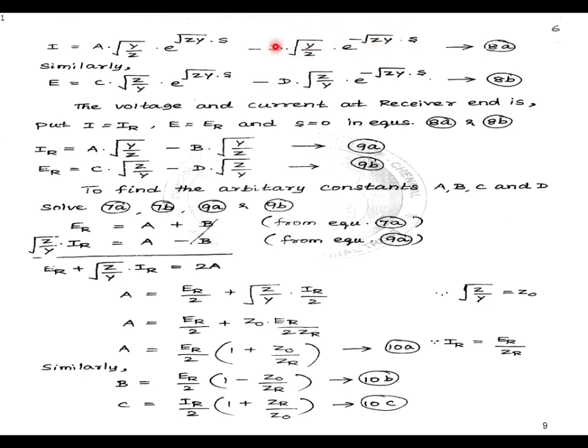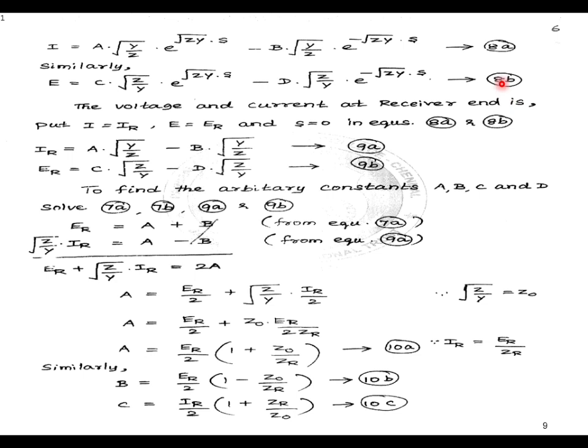Similarly, we can write for the voltage E equal to C into root of ZY into e power root of ZY s minus D into root of ZY into e power minus root of ZY s. These are equations 8a and 8b. Now for the voltage and current at the receiving end, you can put I equal to IR, E equal to ER and s equal to 0 in equations 8a and 8b.